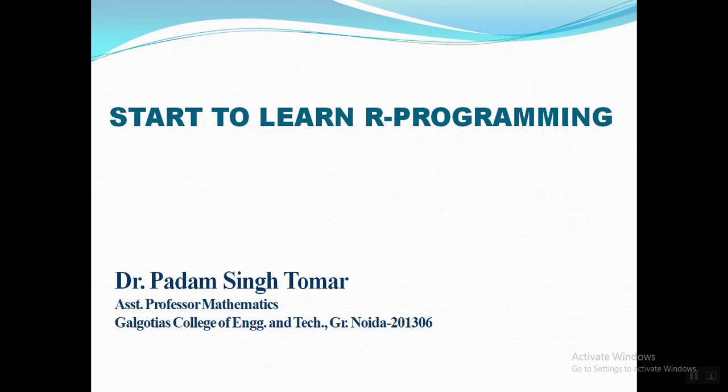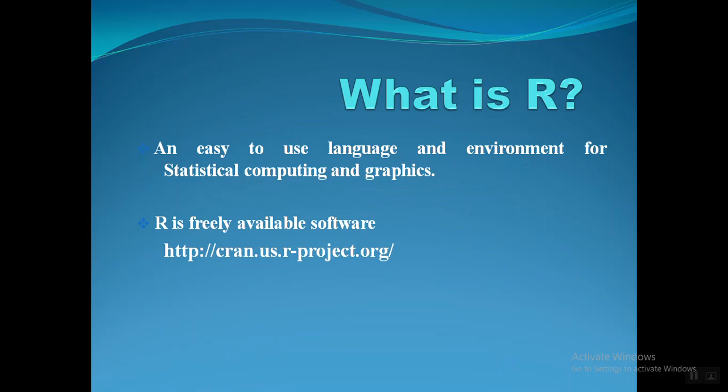Friends, today we are going to discuss a statistical programming language known as R programming. So first of all, what is R? This is a common question for beginners. R is an easy to use language and environment for statistical computing, data analysis, and graphics, and it is freely available at cran.us.r-project.org.